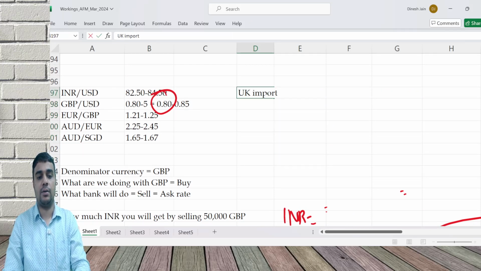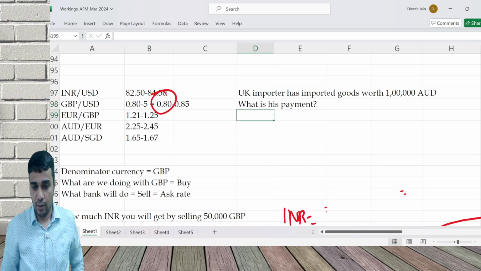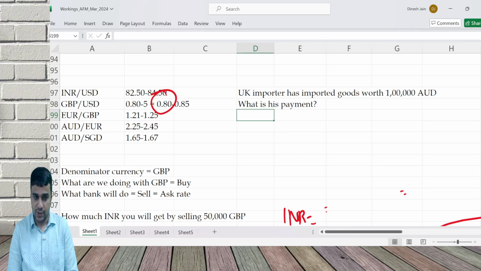UK importer has imported goods worth 1 lakh Australian dollar.